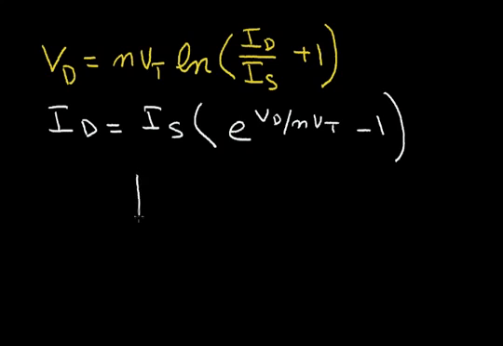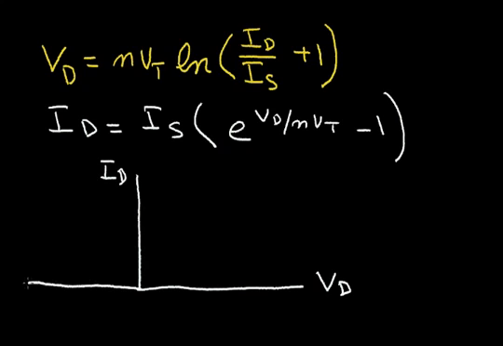So let's plot current in the diode, I sub D, versus the voltage in the diode, V sub D. And for negative voltage, we'll extend our axis this way. So if we look at this e term here, if V sub D is equal to 0, e raised to the 0 power is equal to 1.